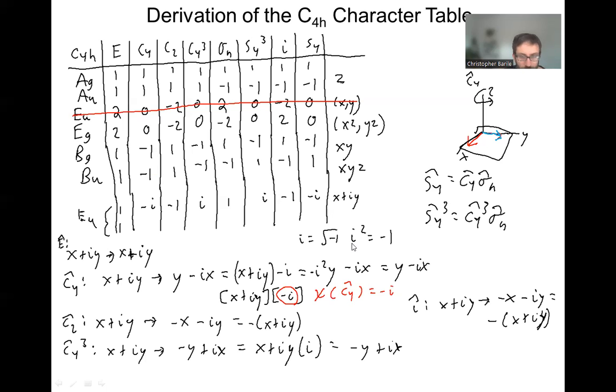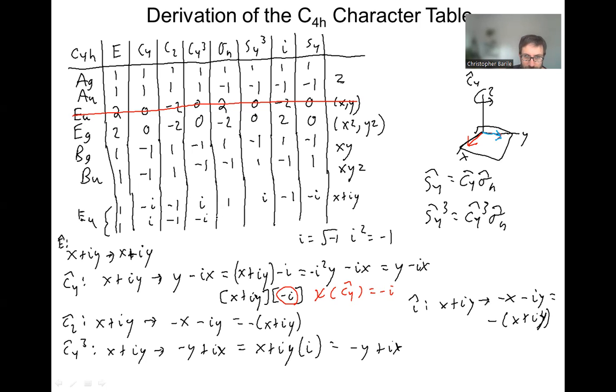All right, and so what we have to do next is figure out the other component here. And this ends up being very straightforward because we broke this up, and so we know 1 plus 1 has to equal 2. Something plus negative i has to equal 0. Well, that's going to be positive i. Something plus negative 1 has to equal negative 2. It's negative 1. Something plus i has to equal 0.